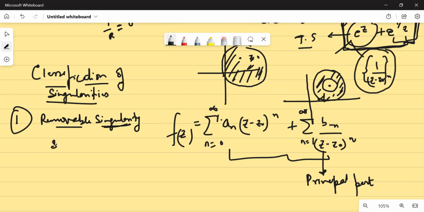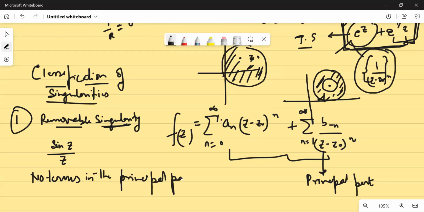It can be removed. So for example, the best case was sine z divided by z. What you would find is that for a removable singularity, there would be no such principal part. For a removable singularity, there will be no terms in the singular part, so no terms in the principal part. So for example, at z equal to 0, what sort of singularity does sine z over z have?